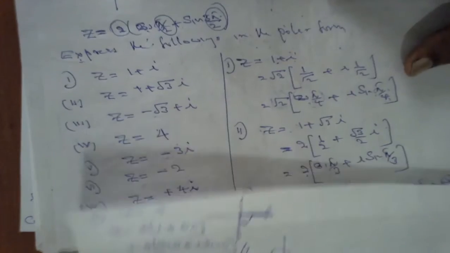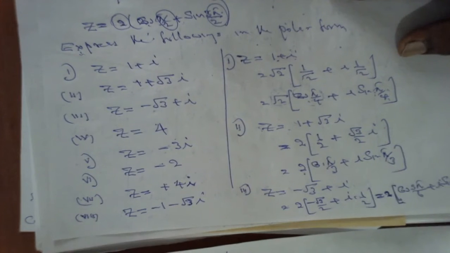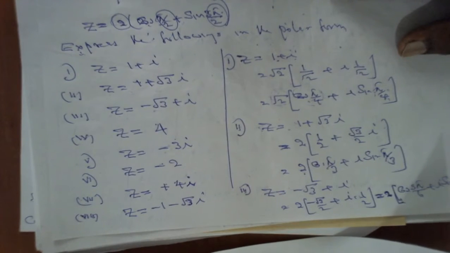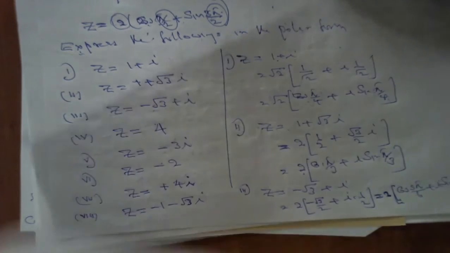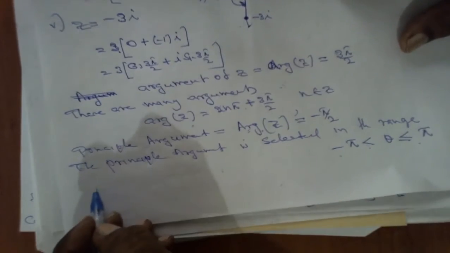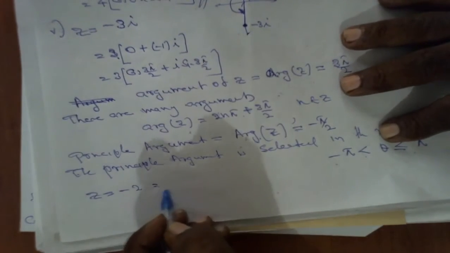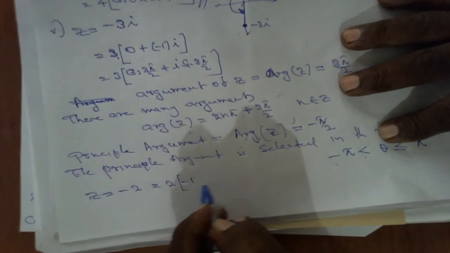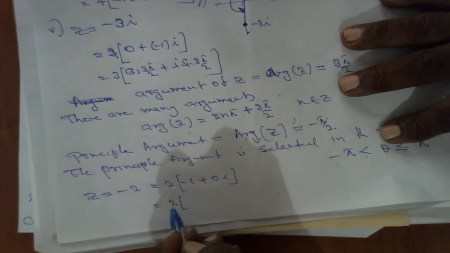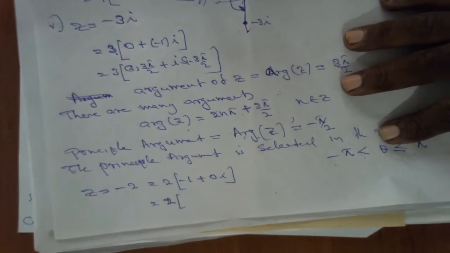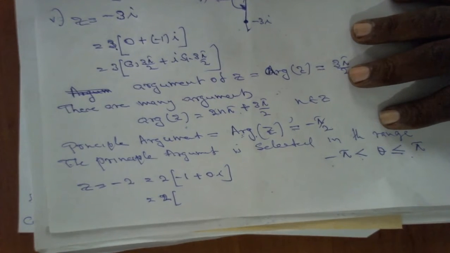Now you take the next one, number 6: z equals minus 2. So this equals 2 times minus 1 plus 0i. What is the argument? Can you tell me straight away? Where is minus 2 in the Argand diagram? Then you can imagine the angle at once.